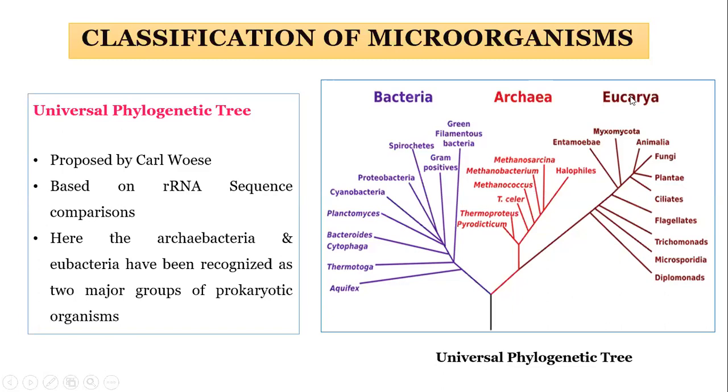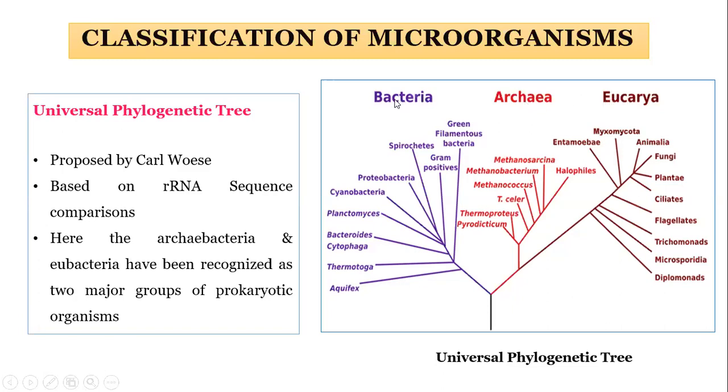And next, eukarya. Eukarya includes entamoeba, myxomycota, animalia, fungi, plantae, ciliates, flagellates, trichomonads, microsporidia, and diplomonads. All these are categorized under kingdom Eukarya. So the three kingdoms in the universal phylogenetic tree are bacteria, archaebacteria, and Eukarya.